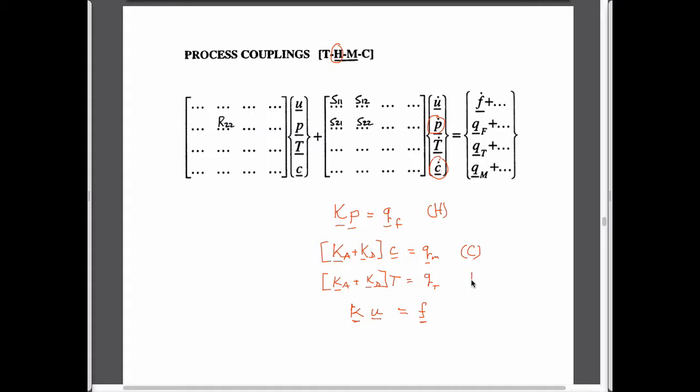But anyway, when we look at the kind of terminology applied to these, this THMC, which is quite commonly used as an abbreviation, it defines the kinds of linkings that you want to have where you're not dealing with these in isolation, but when you tie them together in some useful way to be able to solve the problems you want. And so the first coupling that we'll talk about is the one between mechanical behavior and hydraulic behavior, to link these two.